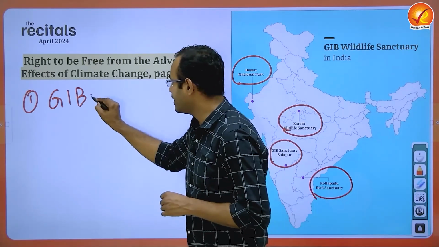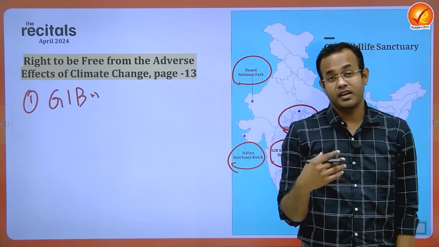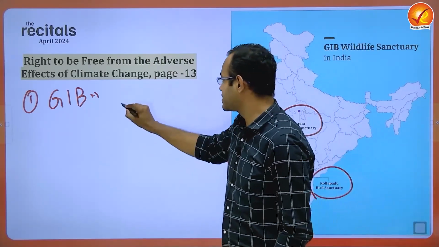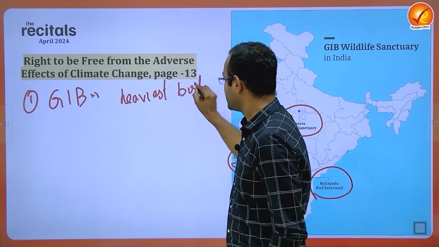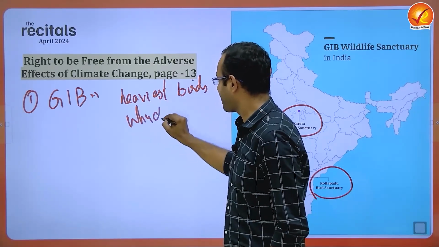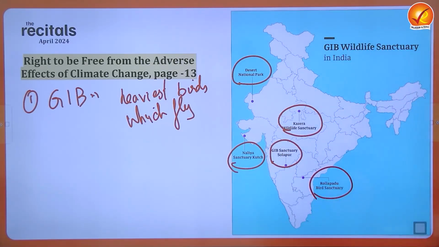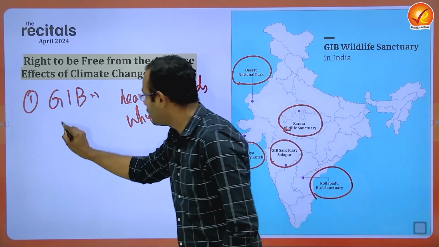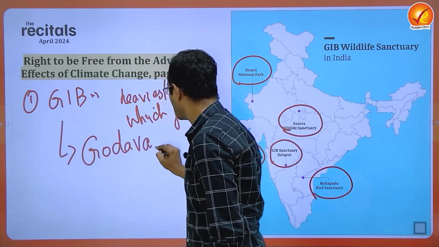Going into the Great Indian Bustard, it is one among the heaviest birds which fly, and it is called by the local name Godavan.